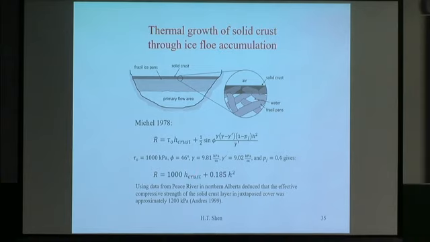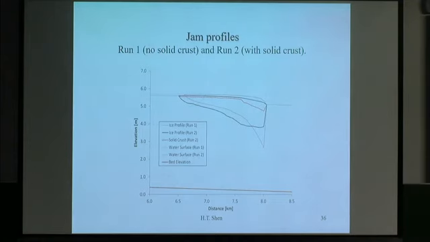So how does the strength change with the ice floes mixed into the freezing layer? Maybe it needs a little bit more study. And if we look at that, if we have a freezing layer, then your jam shape may be different from without the freezing. Okay, so the solid crust could have an effect.